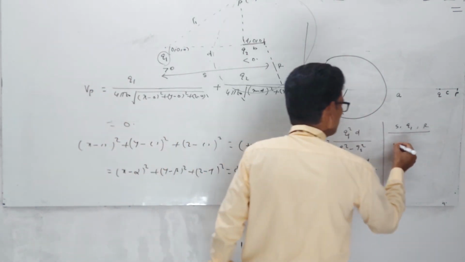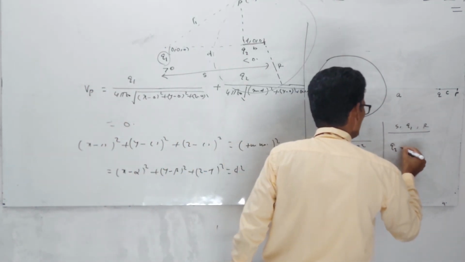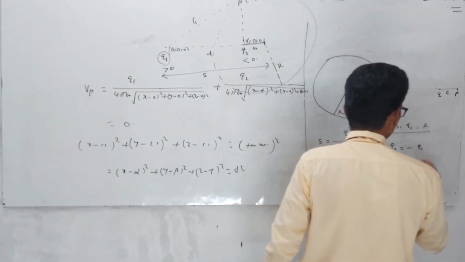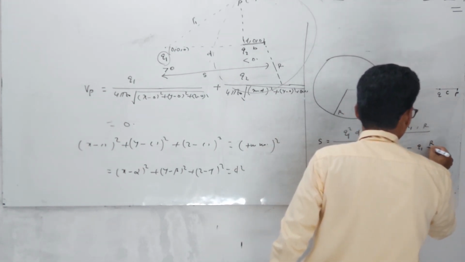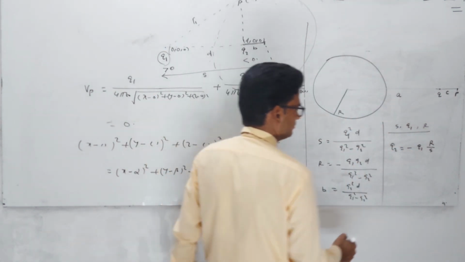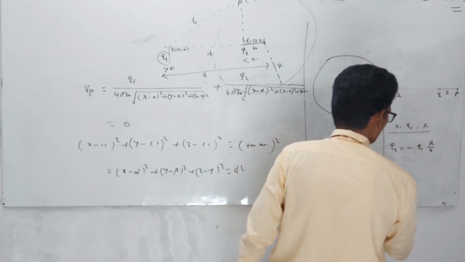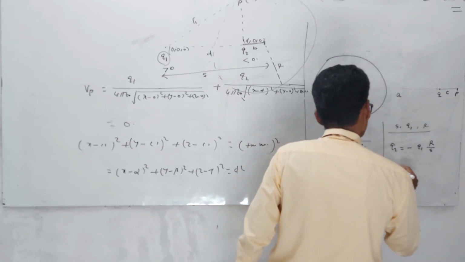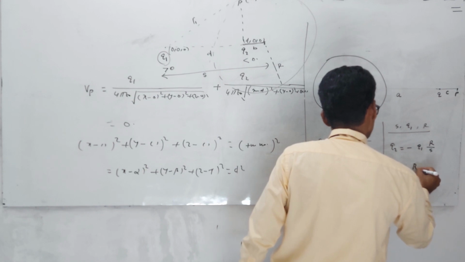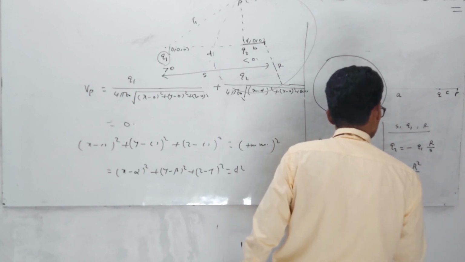So here we will get q2 is equal to minus q1 r by s, and b is equal to r square by s, quite easily.